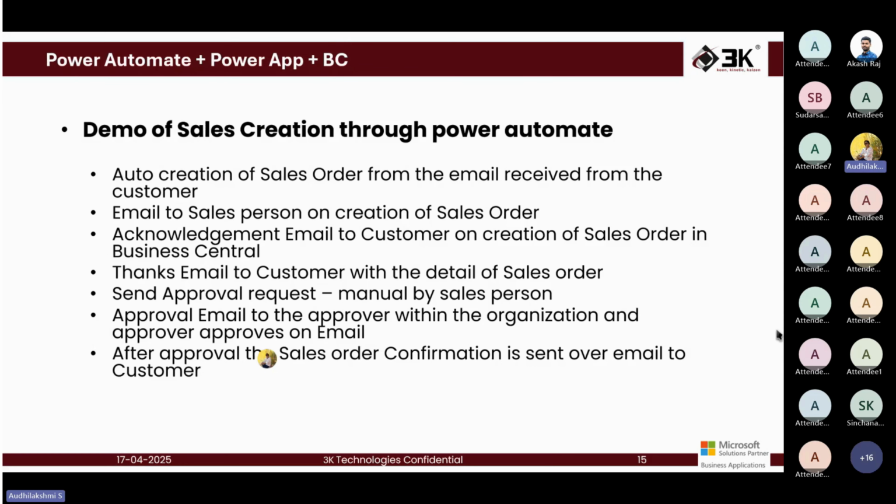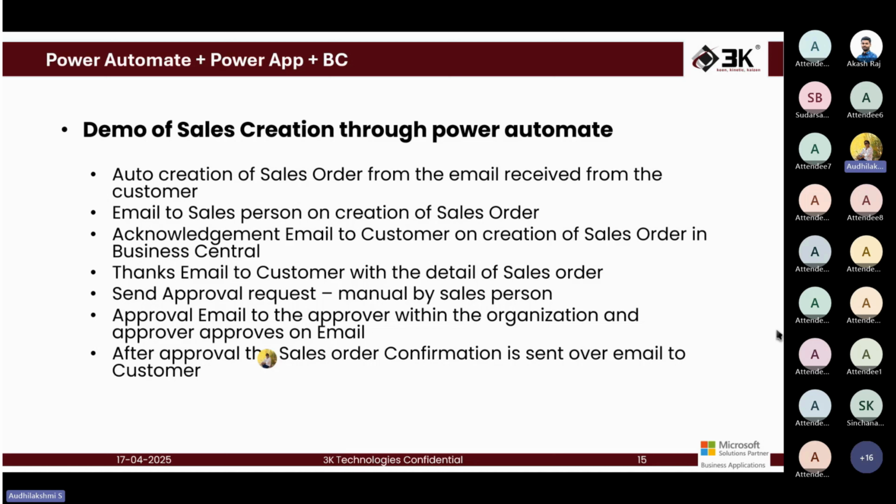Yes, with Power Automate in Business Central, we also have customized processes wherein my sales order will be created in Business Central without any intervention from my salesperson. Okay, like what is it that we can do?